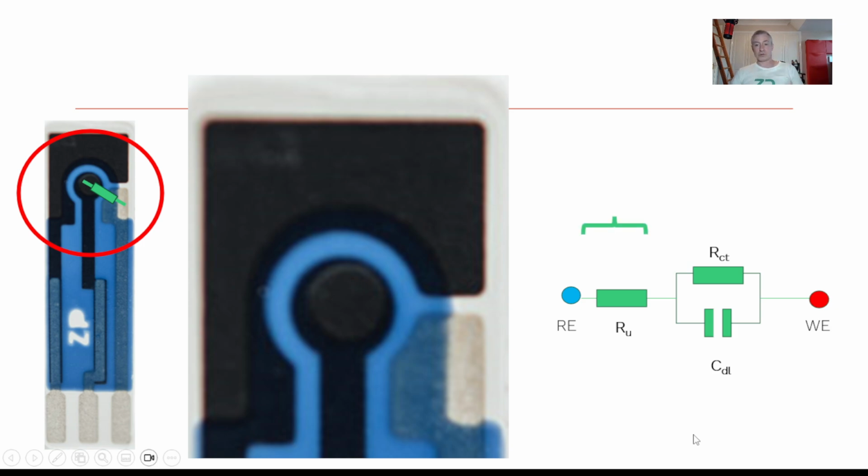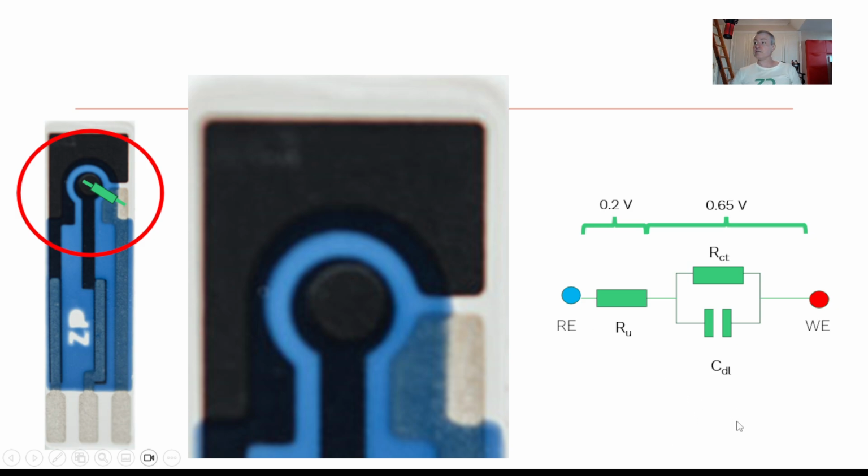I might want to apply 650 millivolts between my working and reference, but in fact there's a voltage drop because my solution resistance is quite high. I'm just making this up, but say 200 millivolts is dropped because of the solution, and I want 650 millivolts actually across my reference and my working.